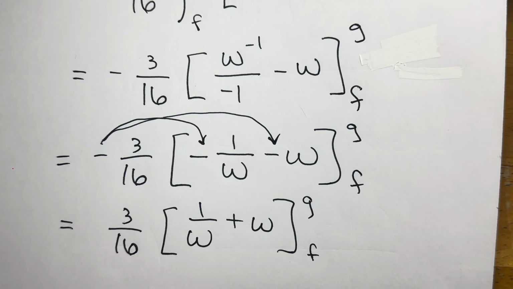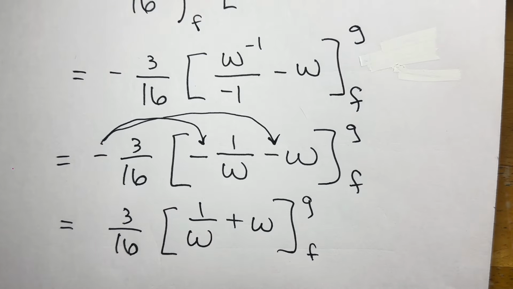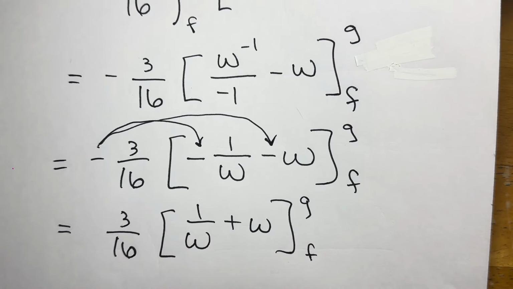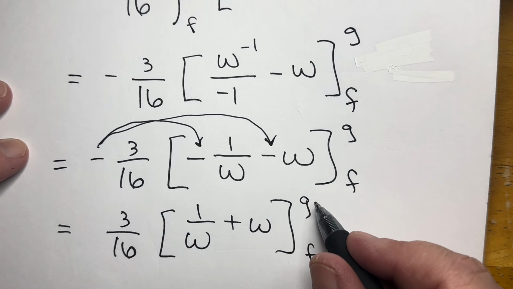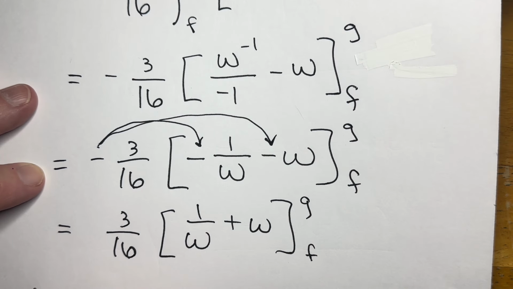Okay. So now it is time to pay the piper. And what kind of piper do we have to pay? Well, the piper that we need to pay is that we don't know what these values are. So we have two choices.